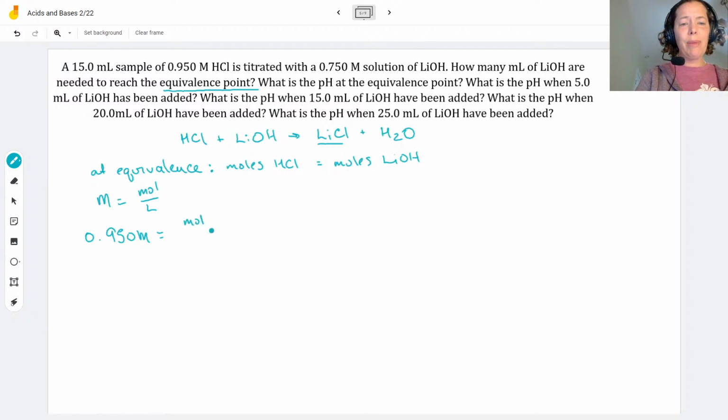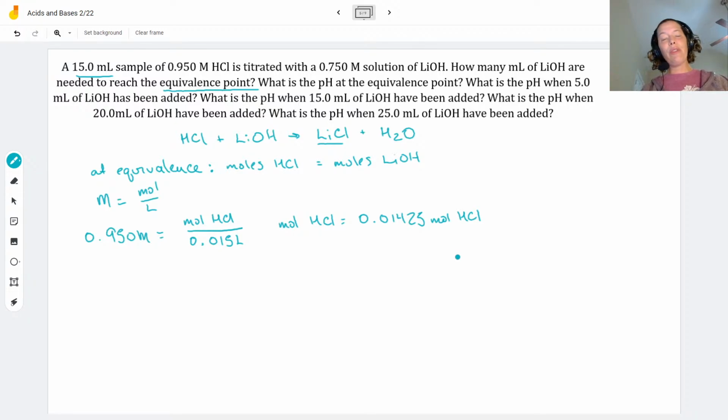I don't know yet my moles of hydrochloric acid, but I know my liters of solution. I have 15 milliliters, which means 0.015 liters, which means my moles of hydrochloric acid equal 0.01425. Again, that's moles of HCl.